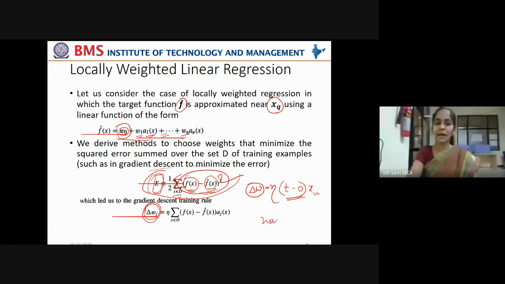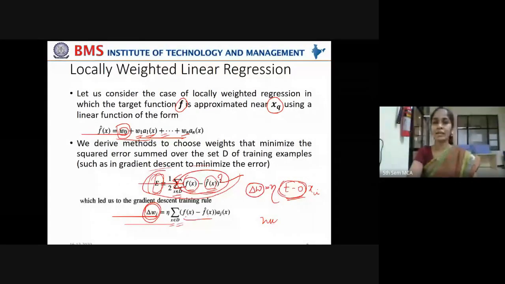Read it as nu sigma x belongs to D, that is, for every training instance that belongs to the set of training examples. What is the prediction error in case of t minus o? We have a similar representation. F cap of x is the estimated or predicted value, and f of x is the existing value, the training set example. The difference between them is f of x minus f cap of x.